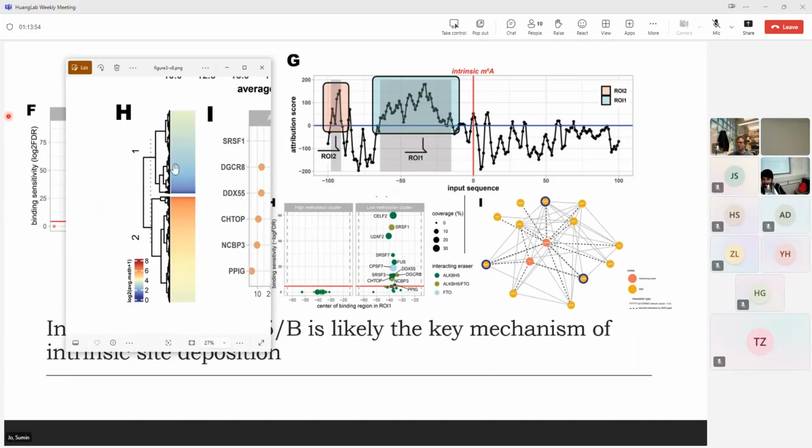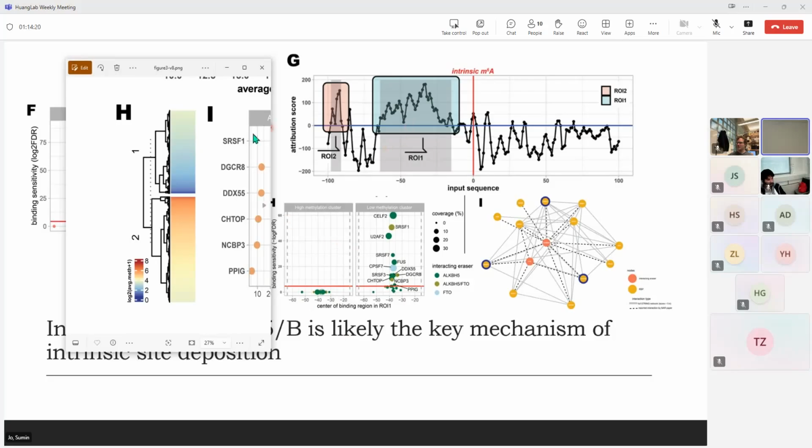And then between these two clusters, we examined ROI1 first, because ROI2 is farther away from the M6A site, so it's a little bit difficult to say how they are likely affecting the methylation level. So we first examined ROI1. And actually ROI2 has no significant differences when we analyzed for the eraser part.